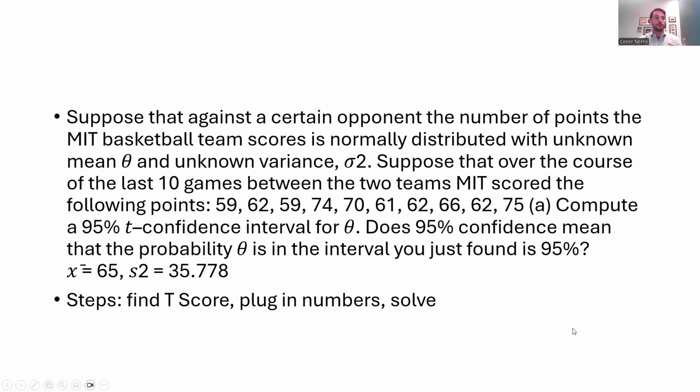The problem would ask us to compute a 95% t-confidence interval for the population mean. And we can skip the second part of the question, what does the 95% mean? Let's just focus on calculating it. So we have a sample mean of 65 and a sample standard deviation of 35.778. So what we have to do to solve this is find the t-score, plug in the numbers that we have, and solve.